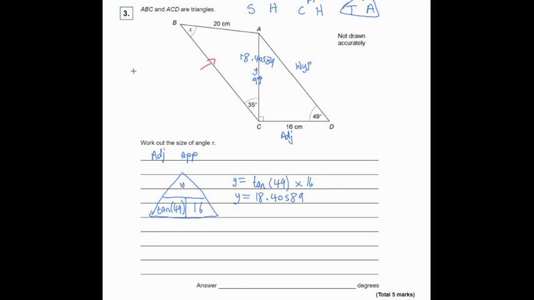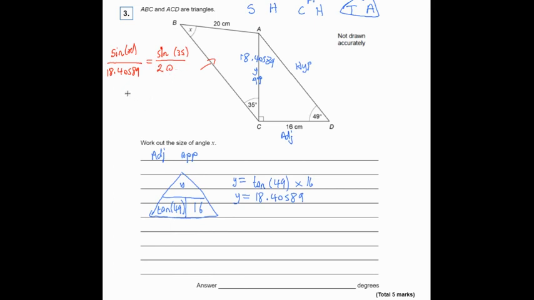So the sine rule states that sine x, sine of the angle, over the side opposite, so the side opposite that x is the 18.40589, is equal to sine of a different angle in the same triangle, of course, divided by the opposite length of that. So opposite the 35, we've got 20.